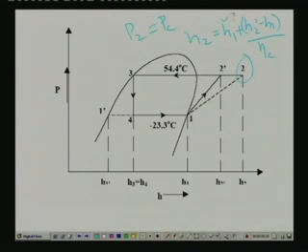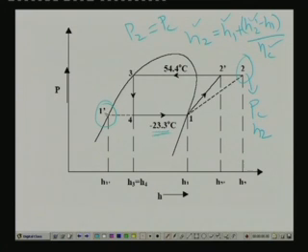H1 is known to us, H2 dash is known to us also, and the efficiency is given as input. So, we can also find out the enthalpy. For this point, use the pressure data and enthalpy data and find out the rest of the properties. Now, coming back to point 1 dash, point 1 dash is nothing but the saturated liquid at evaporator temperature.